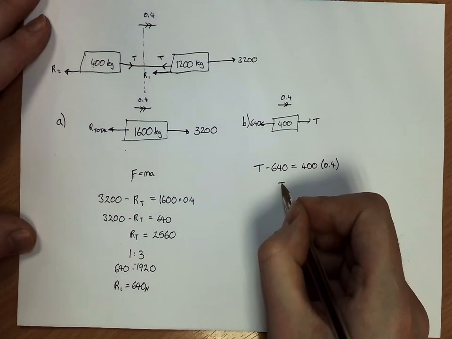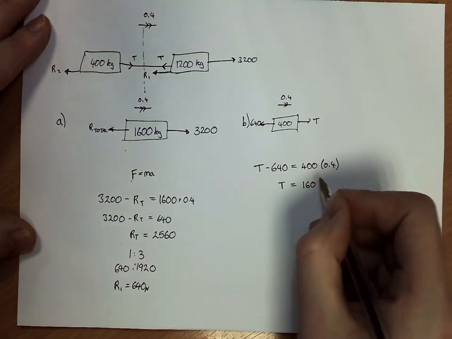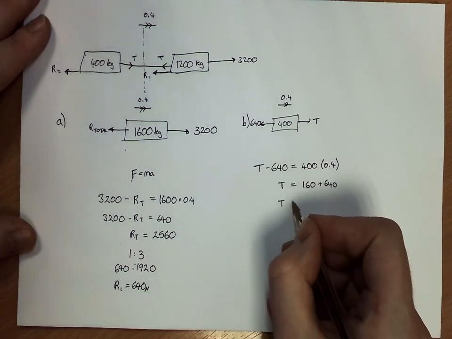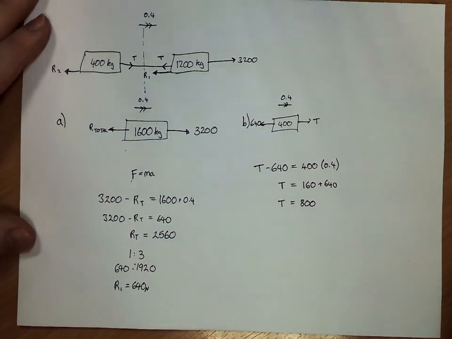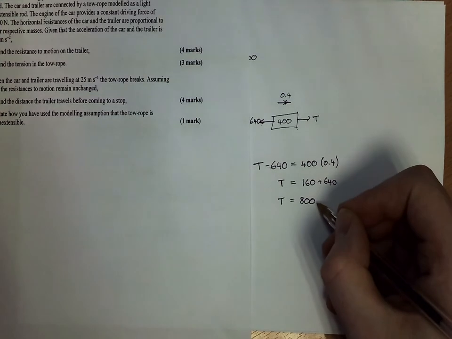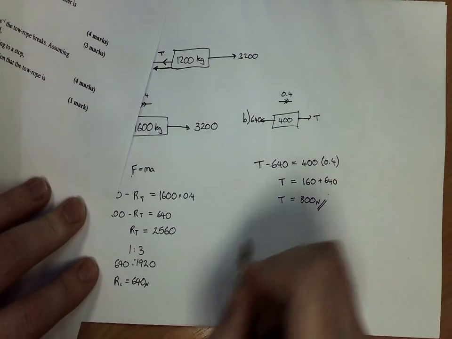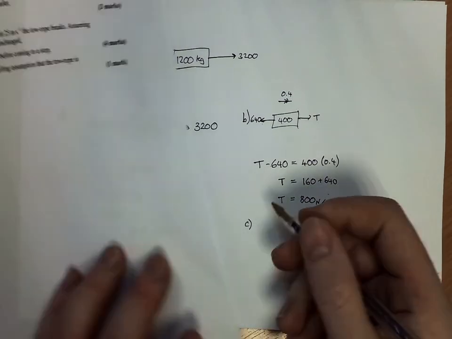So that times that is 160, so 160 plus the 640, T equals 800. Going back to the question, I know that should have been newtons, because it's tension. Similarly, I'm just going to double underline that to make it really clear.